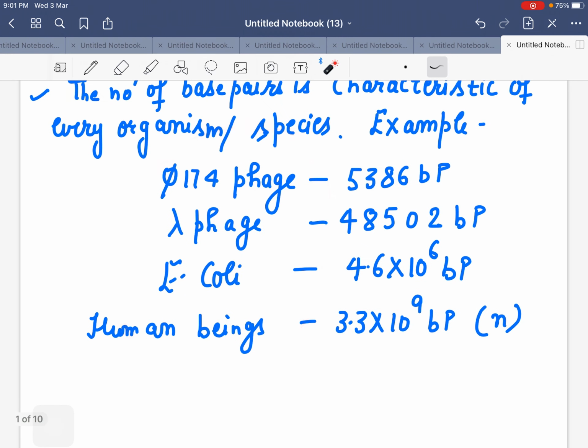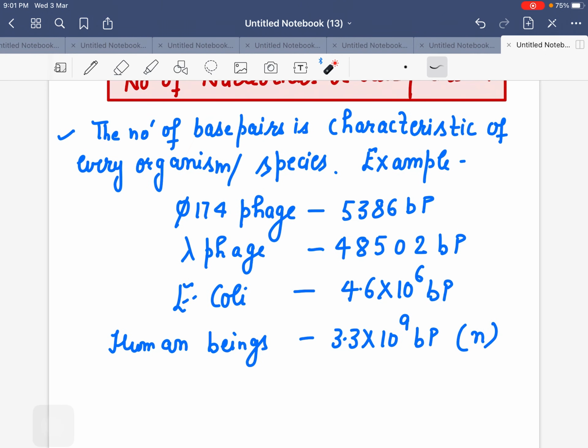You may say why learn this, it is of no use, but you are wrong, because at the end you will understand why these base pairs are so important for us.